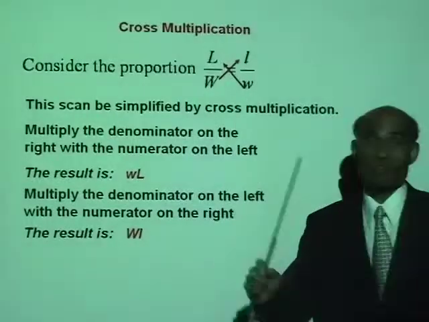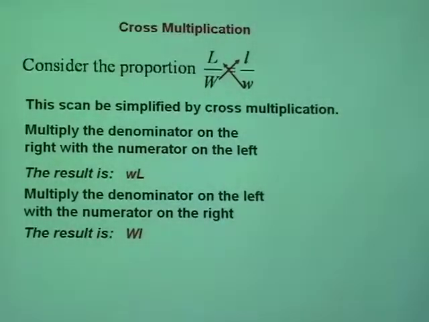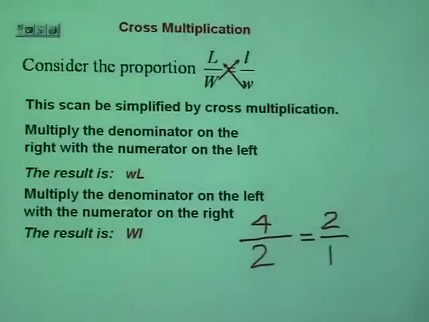Alright, let's put the values that we used and see what we get. We used the uppercase L as 4 centimeter and the uppercase W was 2 centimeter. Lowercase l was 2 centimeter and the lowercase w was 1 centimeter. Do you remember the values we used?